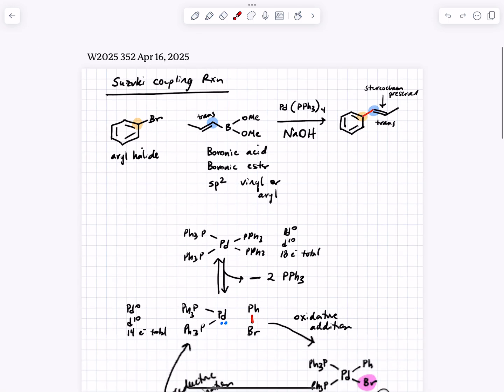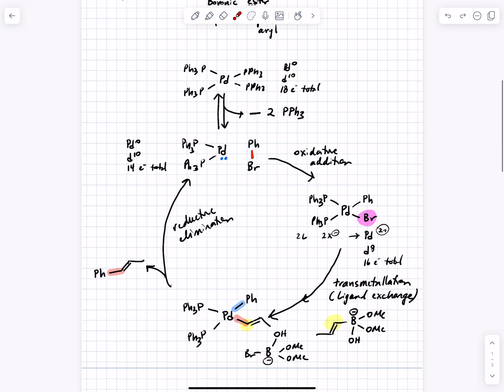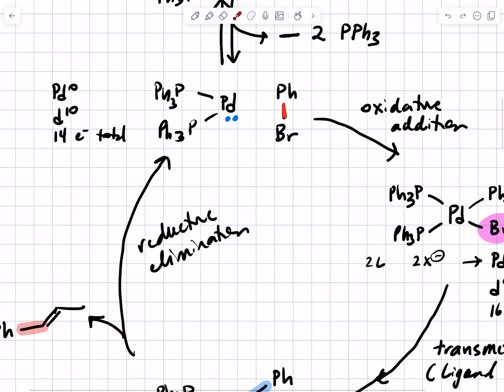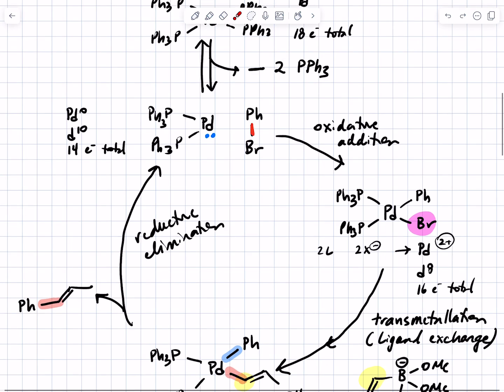We talked about mechanism, and this isn't anything you would need to be able to predict, but I do want you to recognize and be able to call steps oxidative addition versus reductive elimination. We talked about how the palladium zero catalyst with 10 d electrons and 14 electrons total does oxidative addition with the aryl halide.